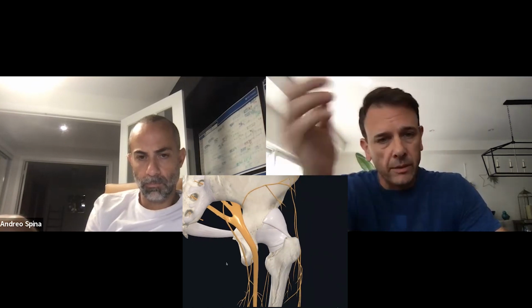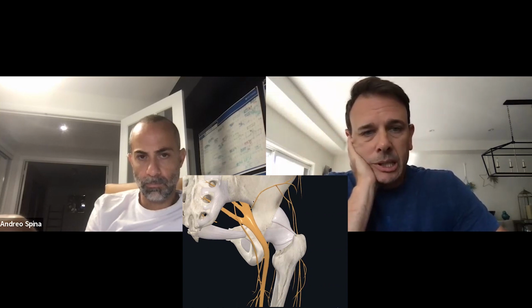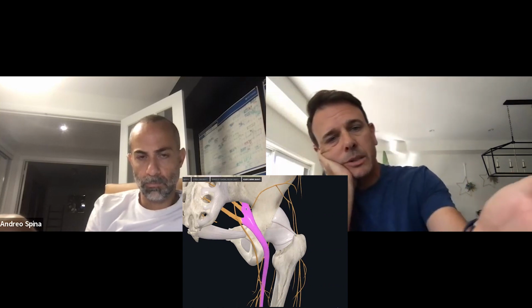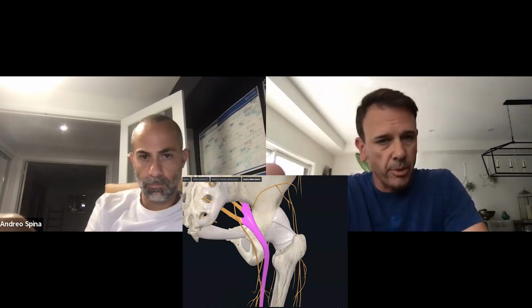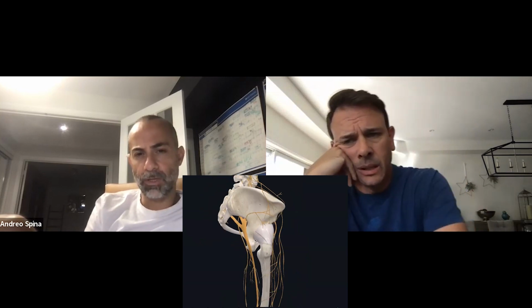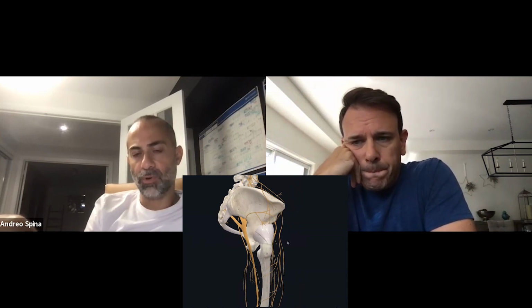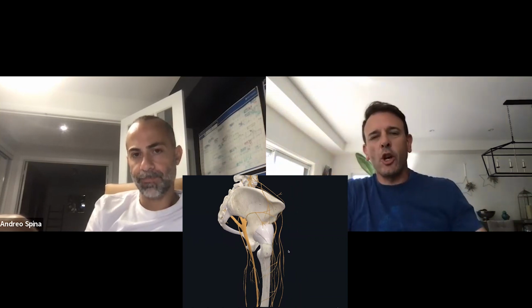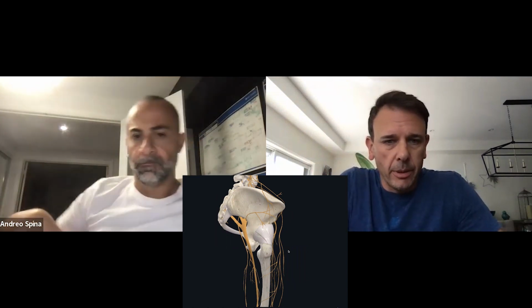Coming out of the obturator foramen, that big ropey structure is the sciatic nerve. Not on this program, but in real life, there would be articular branches that come off that nerve and innervate that whole posterior capsule. They lose the actual innervation part in these anatomy programs. I guess it's so difficult for them to put on there, I would imagine.